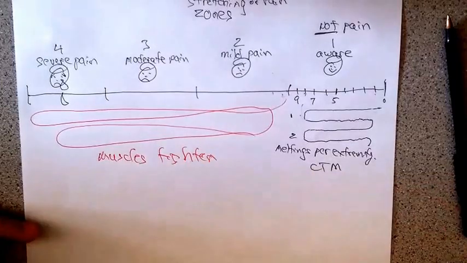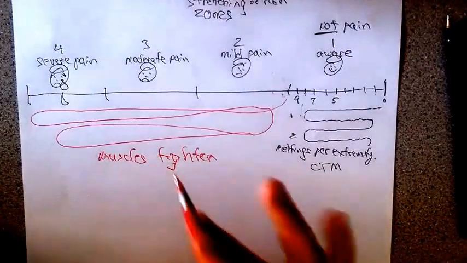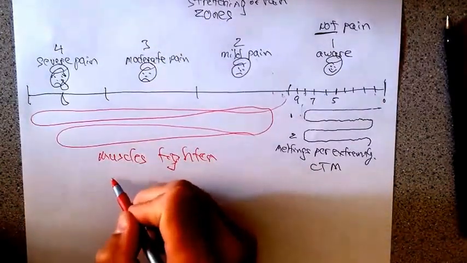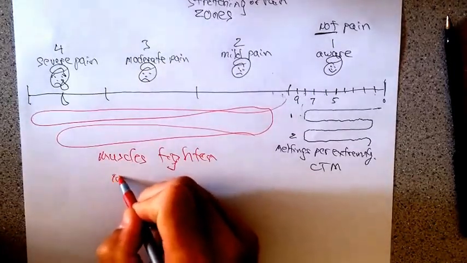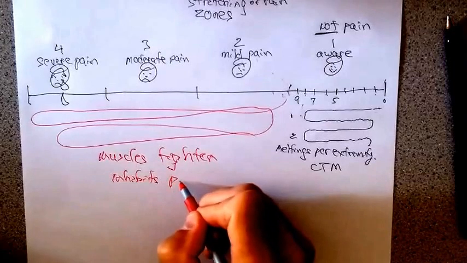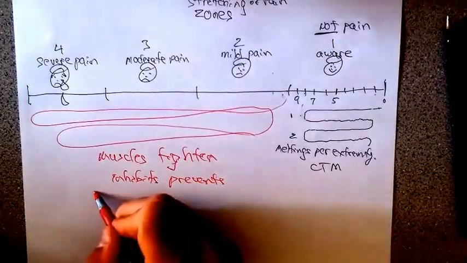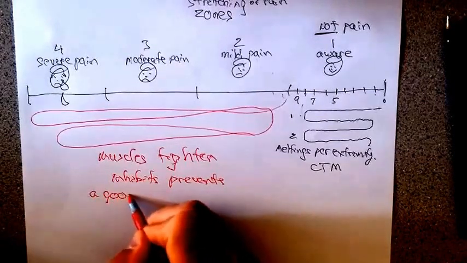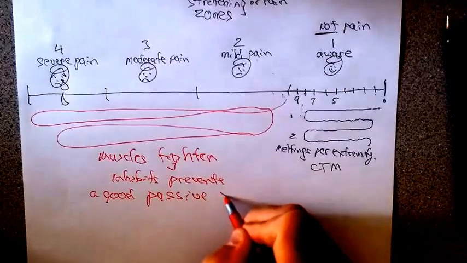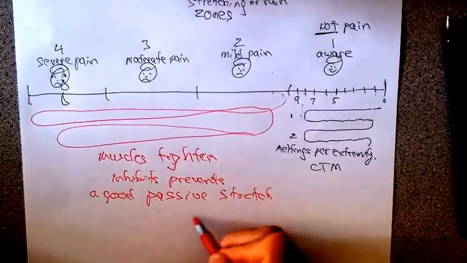And as the muscles tighten up a bit, then it inhibits or prevents a good passive stretch, and that's what we're doing in this particular type with the CTM.